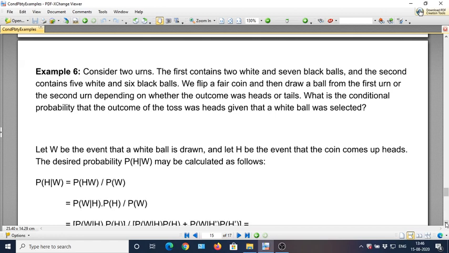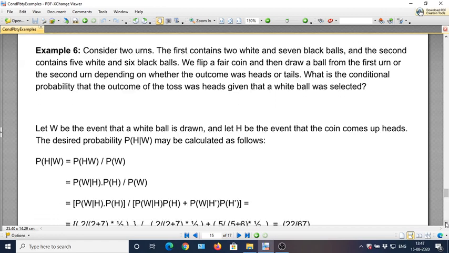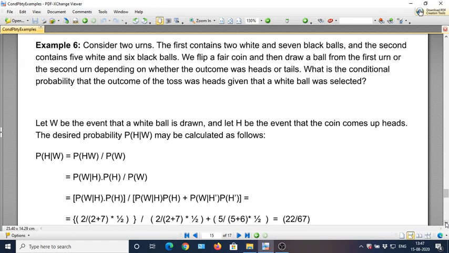To this end we will consider an example. Let us say you have 2 urns. Urns are nothing but bags, in which the first urn has 2 white balls and 7 black balls, which means that the probability of picking a white ball from the first urn is 2/(2+7). The second contains 5 white balls and 6 black balls.